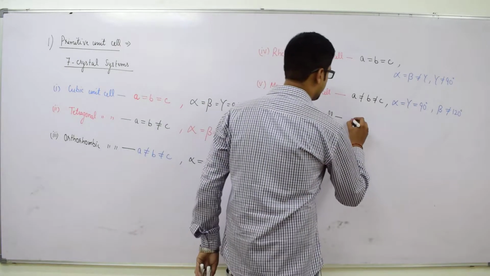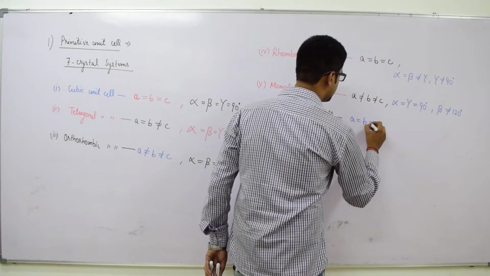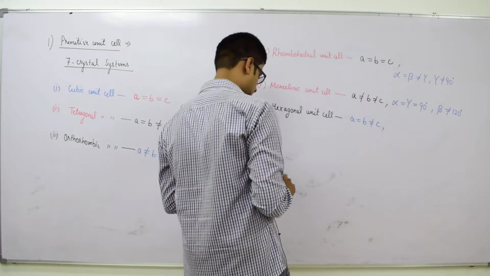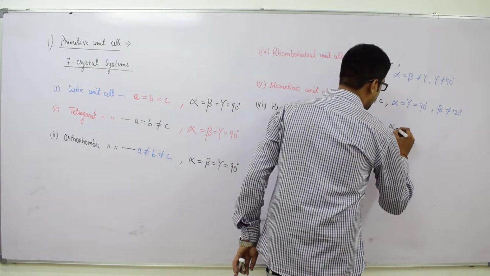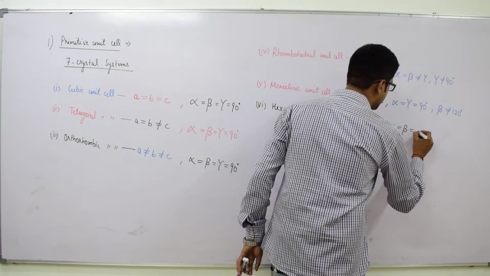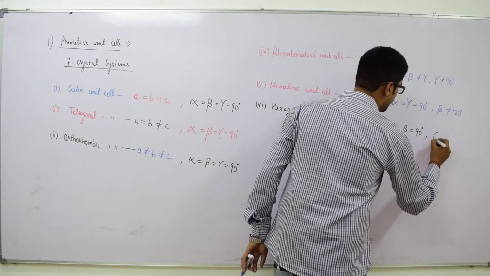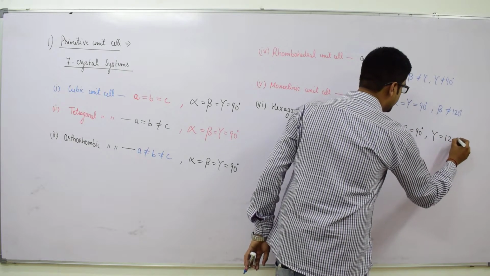A is equal to B is not equal to C and alpha is equal to beta is equal to 90, gamma is equal to 120.